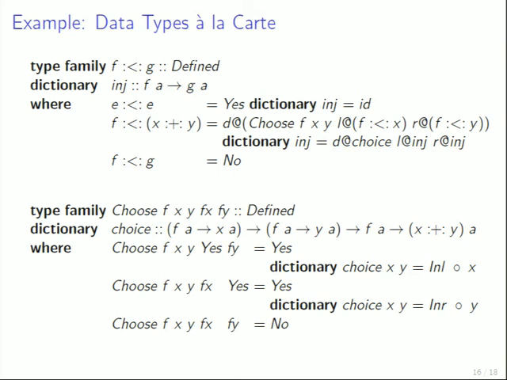So this is the f in x and the f in y, and when it's in the left-hand side, we return yes, and then the choice function, which we use up here, will correspondingly try to do the injection into the left-hand side, and otherwise into the right-hand side. And otherwise, we return no, and we don't give a dictionary.